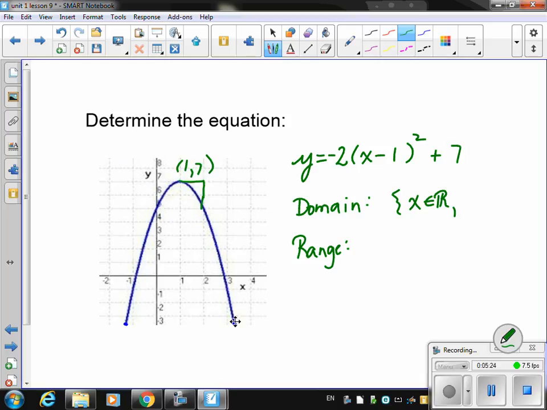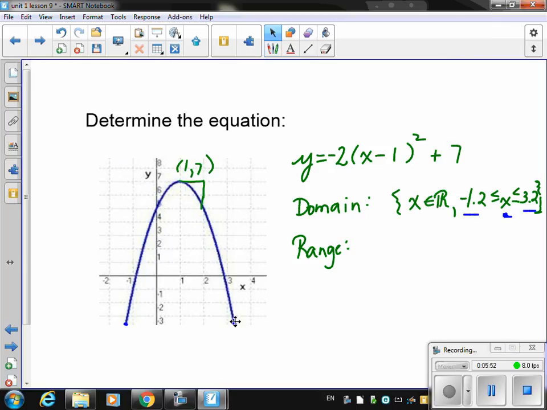However, there's a starting point and an ending point for this particular parabola. Negative 1.2, I'm estimating, less than or equal to x less than or equal to 3.2. So this is what I do when I'm looking for domain and range. I write the letter in the middle, the smaller one first, the larger one second.